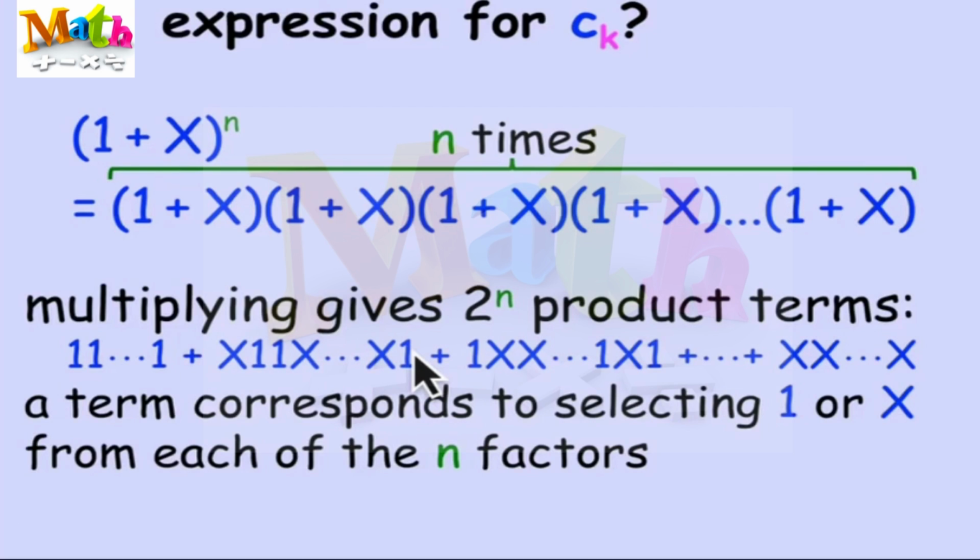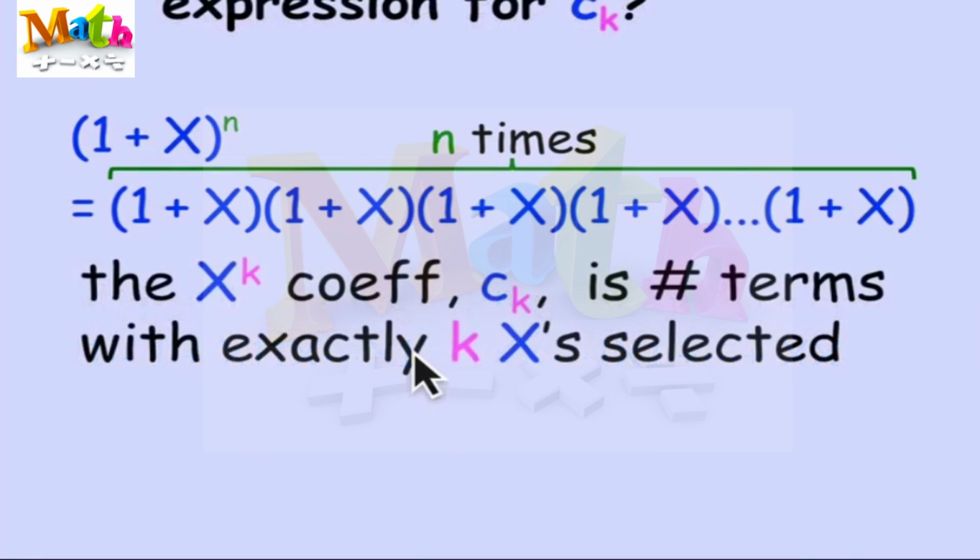And if I made some arbitrary selection, like I selected an x from the first one and a 1 from the second one, a 1 from the third one, a 1 from the fourth, and so on, and a 1 from the next, an x from the next to the last, and a 1 from the last, I would get this particular term, which is not the next one that would occur in alphabetical order, but it's just an example.